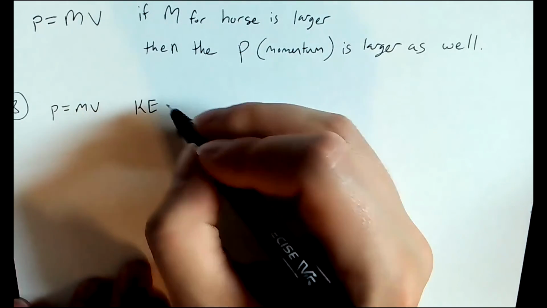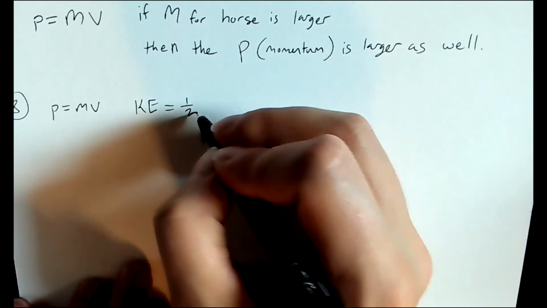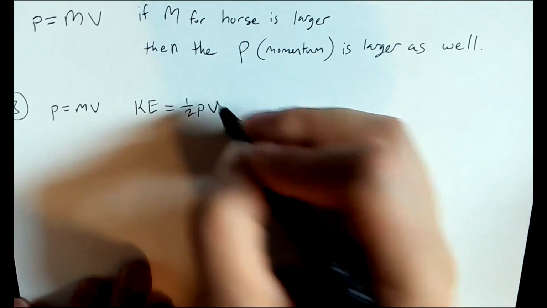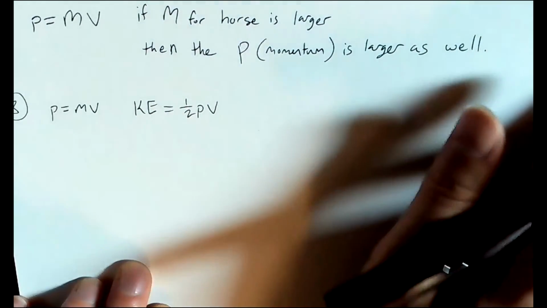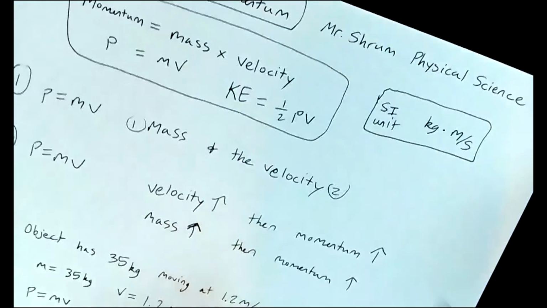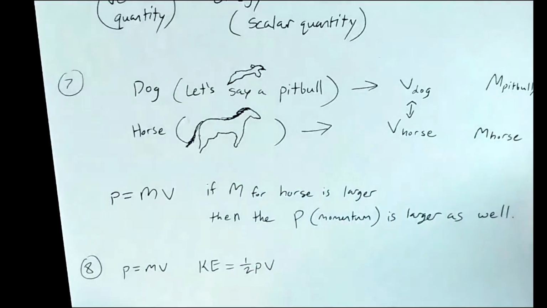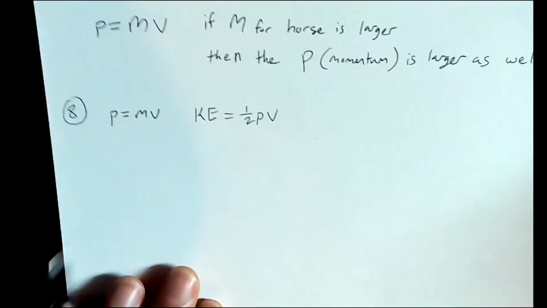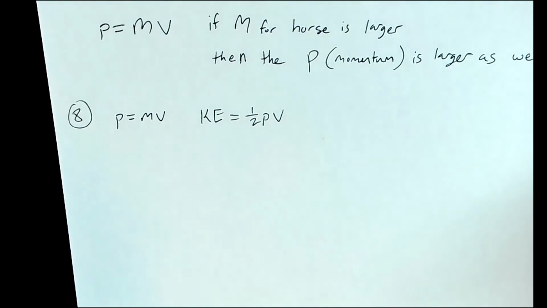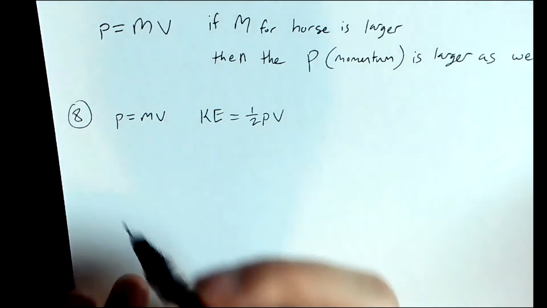However, the kinetic energy equals 1/2 the momentum times the velocity, right? And in these statements, they're giving you, if you double the velocity, what happens in each of these cases. So if you double the velocity of an object, what happens to the momentum?